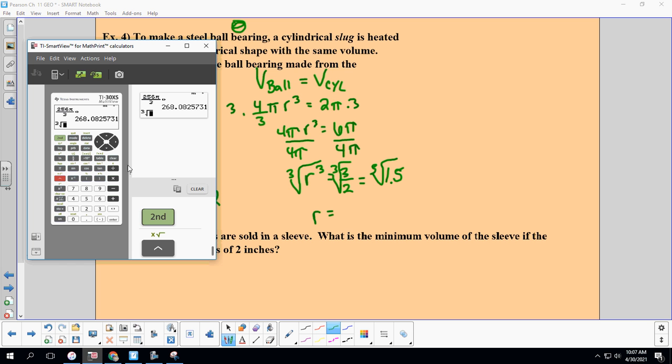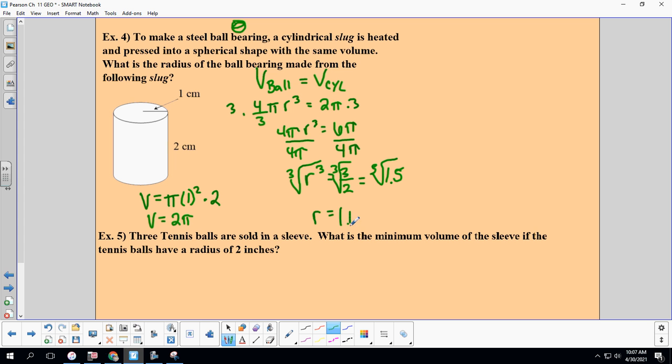And then the fraction 3 halves. Okay, enter it up. 1.14. So the radius is 1.14 centimeters. Yay, that was fun.